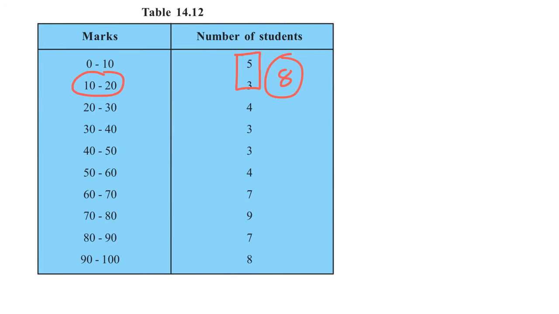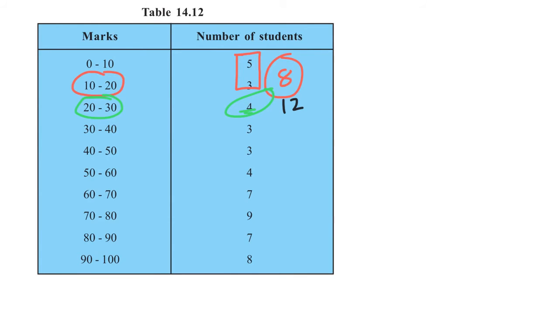It will be all the students who have scored marks less than 20 plus these 4 students over here. So our cumulative frequency for the class 20 to 30 is going to be 8 plus 4, and that is 12, and so on and so forth.